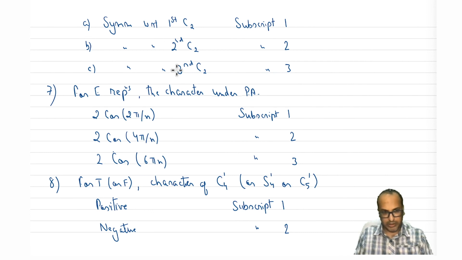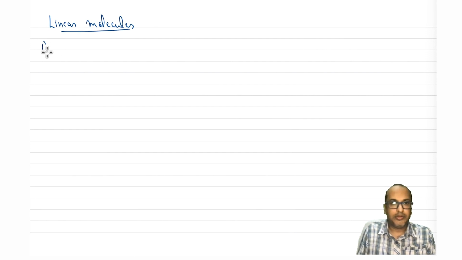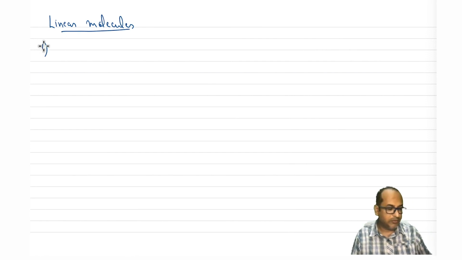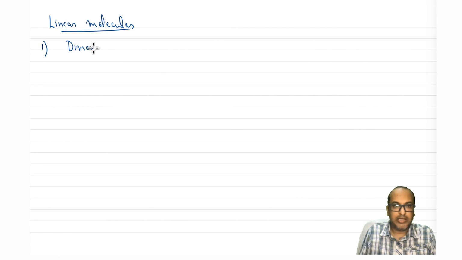They are not complete yet because we also have to cover linear molecules, right? For linear molecules, there are far fewer rules. The dimension defines the symbols.